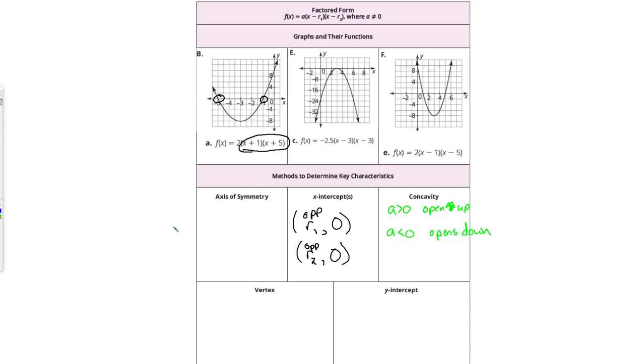Now, to find the axis of symmetry, it's going to take some math, and some math that you'll have to do is your x is going to equal your R1 plus your R2 added together and divided by 2. For your vertex, it's going to be very similar to how we just said we would do it. We're going to take that x value from above, and then we're going to plug it in to x to find y.